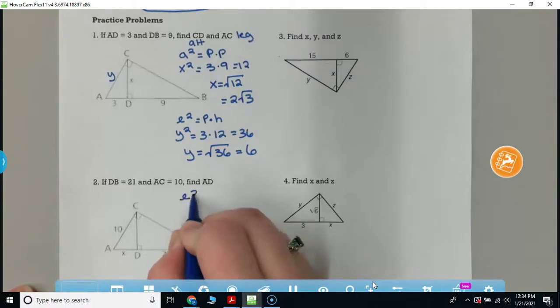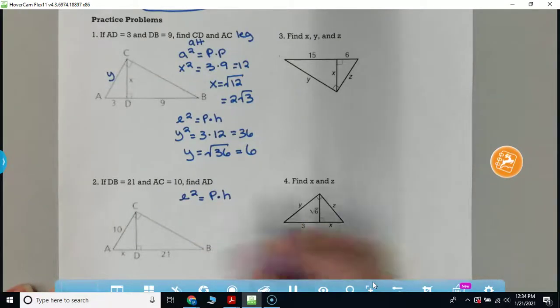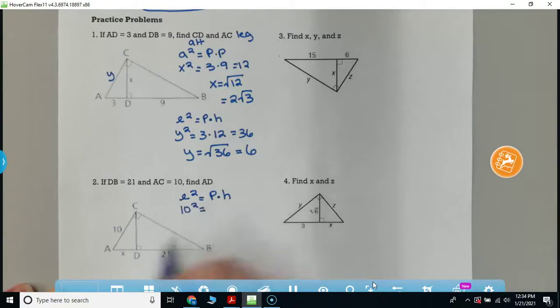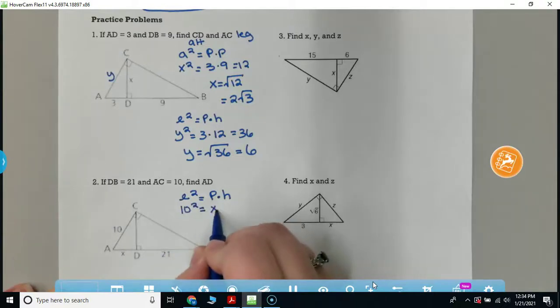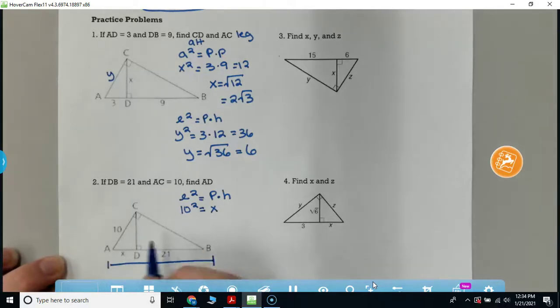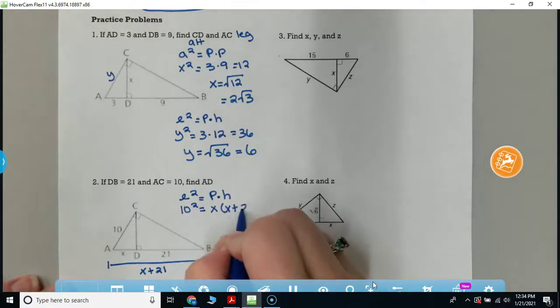So remember, leg squared is equal to part times hypotenuse. We know our leg this time, so that's going to be that 10 squared is equal to, the part is our unknown, and our hypotenuse is going to be this entire length, so the sum of x and 21. So x plus 21 is the hypotenuse. So we have to multiply that.